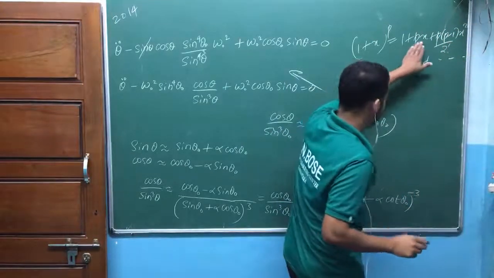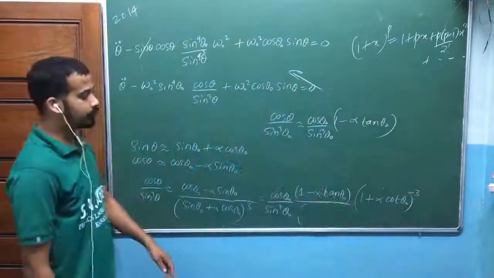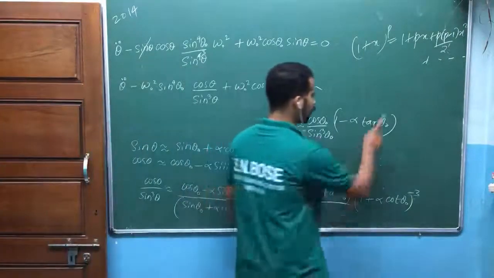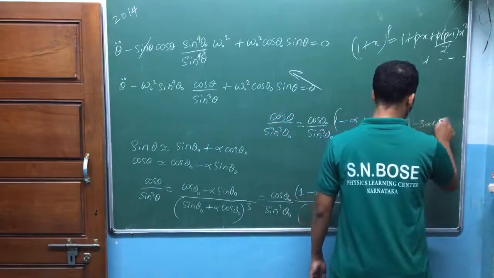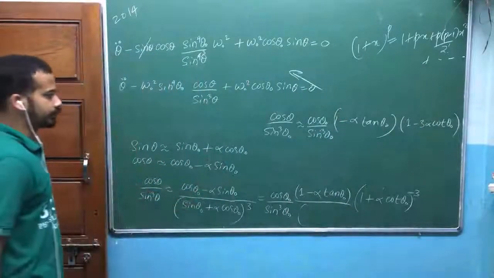I'll take only the first two terms in this approximation, and you should learn this one. This kind of approximation is very much needed in any exams. So that's equal to 1 minus 3 alpha cot theta naught.